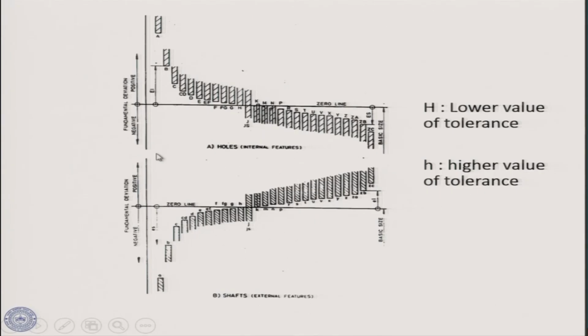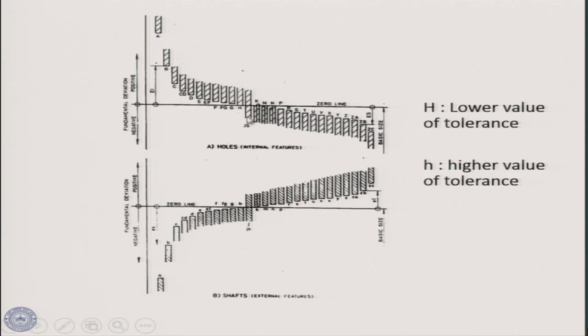Here you can see that H is the lower value of tolerance, and H here is the shaft system. Normally we use the hole system for internal features, and the lower value of the tolerance was given. A, B, C, D, all the alphabets are used, and this is the difference between them in this diagram. You can clearly see this.